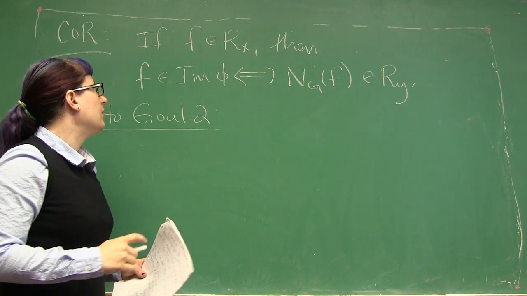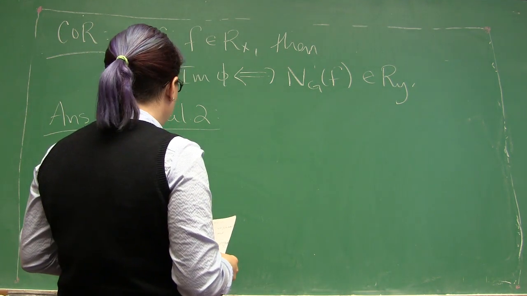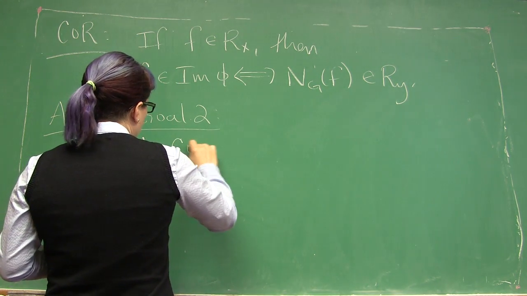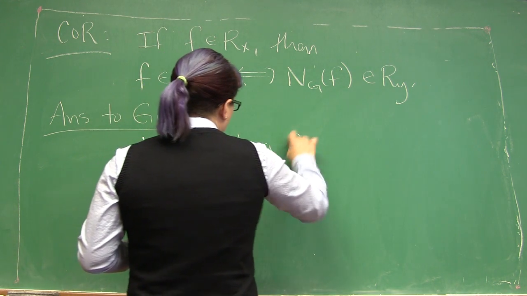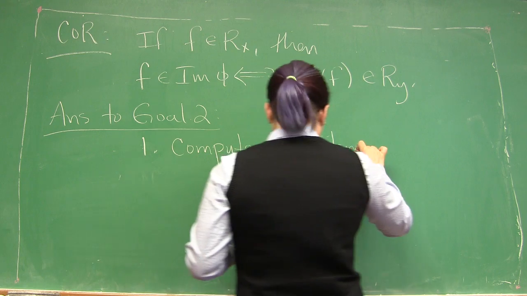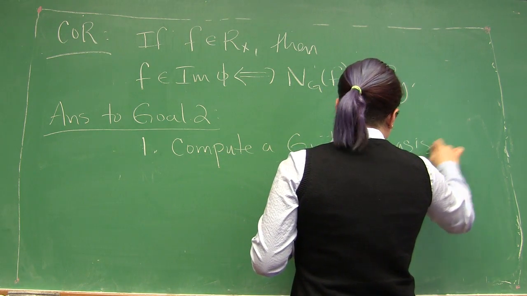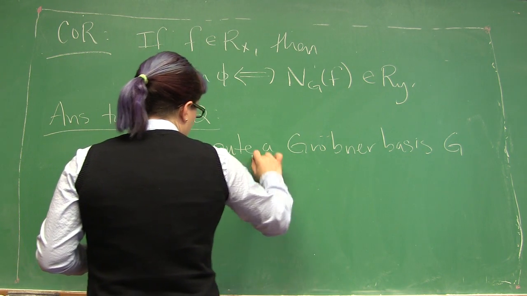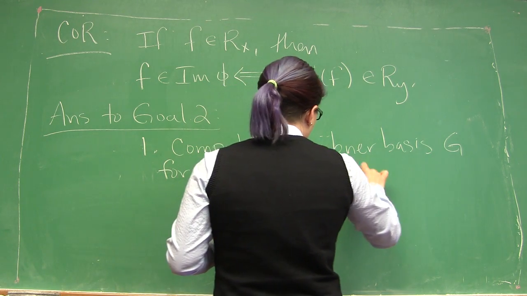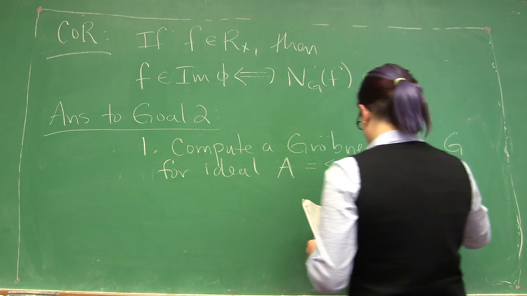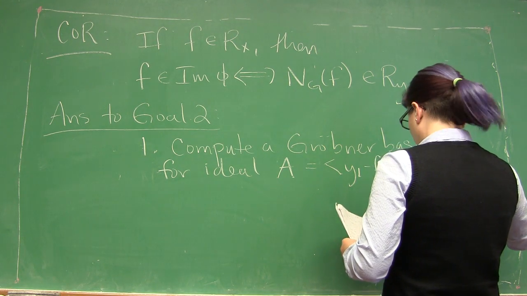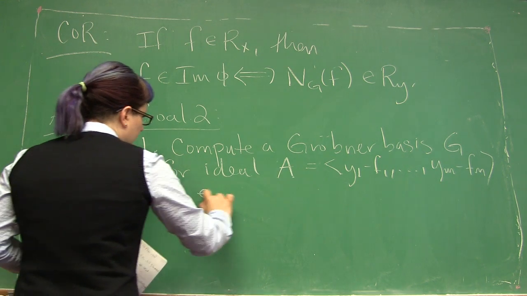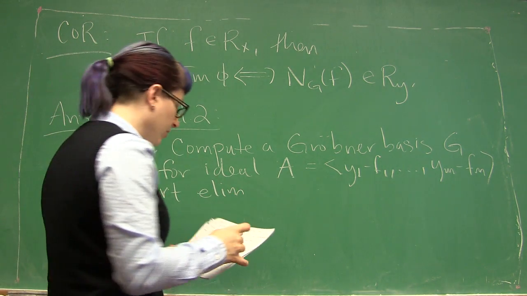To determine whether a polynomial f is in the image of our K-algebra homomorphism phi, we first compute a Gröbner basis G for the ideal A, where A again is generated by y1 minus f1 through yn minus fn, with respect to the elimination order, with the x variables larger than the y variables.